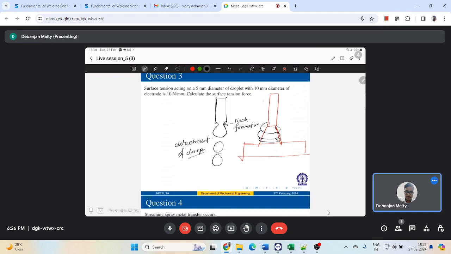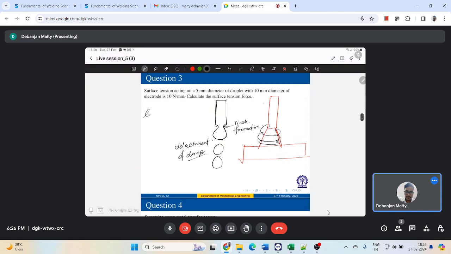Now, this self-induced magnetic field I was talking about is generated as a result of the interaction of the arc current with its magnetic field, those Lorentz forces which are getting generated. That results in something called plasma streaming.